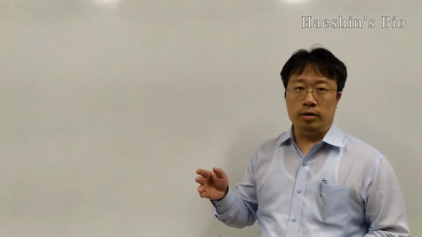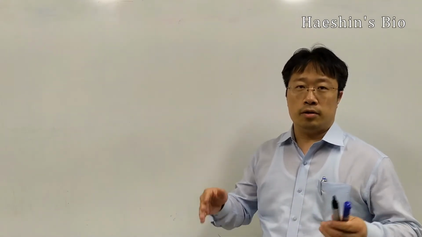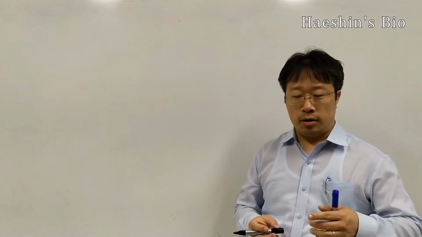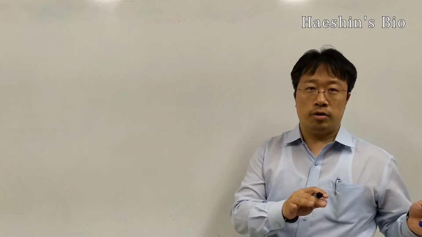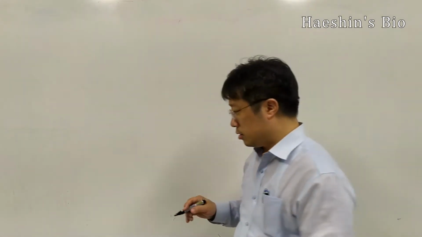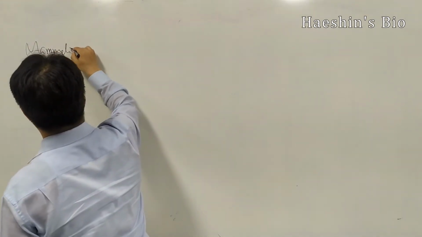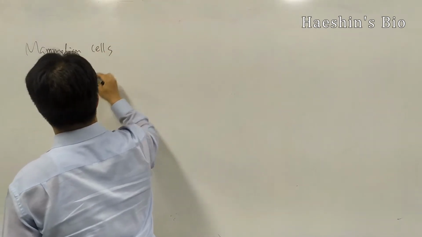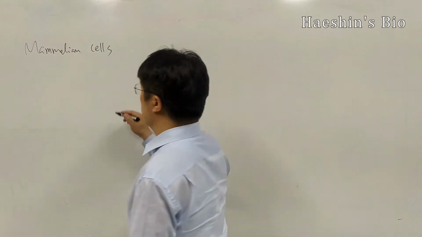Okay, so far we talked about how to culture the mammalian cells in the last class. So today we talk about protein adsorption, because the reason from the classes we had before was that mammalian cells adhere onto surfaces, right?